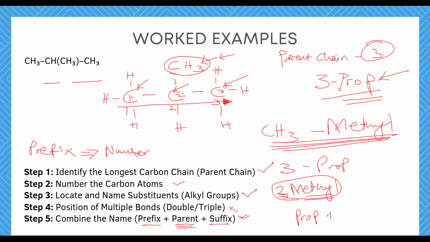And then, is this an alkene or an alkyne? Okay, good. So the suffix now becomes -ane. So what I'm going to do is add all of these together. So I have 2-methylpropane. Did you see that?